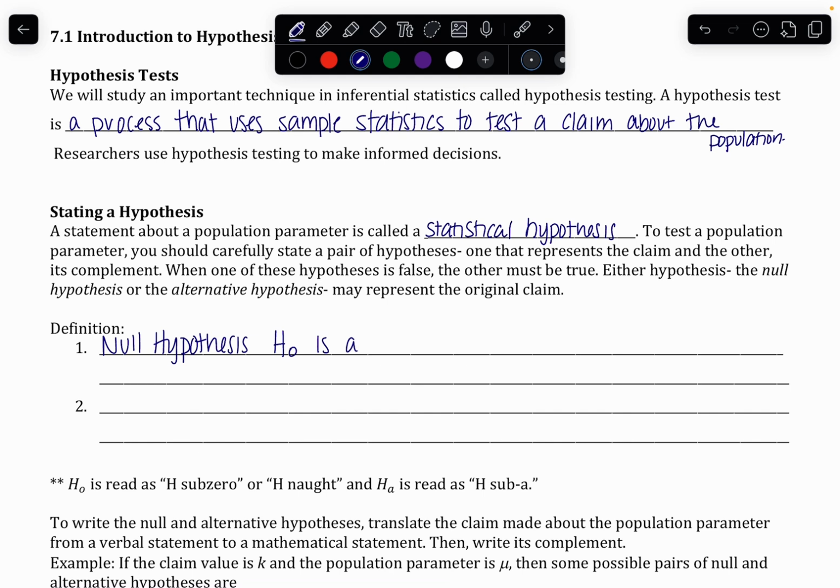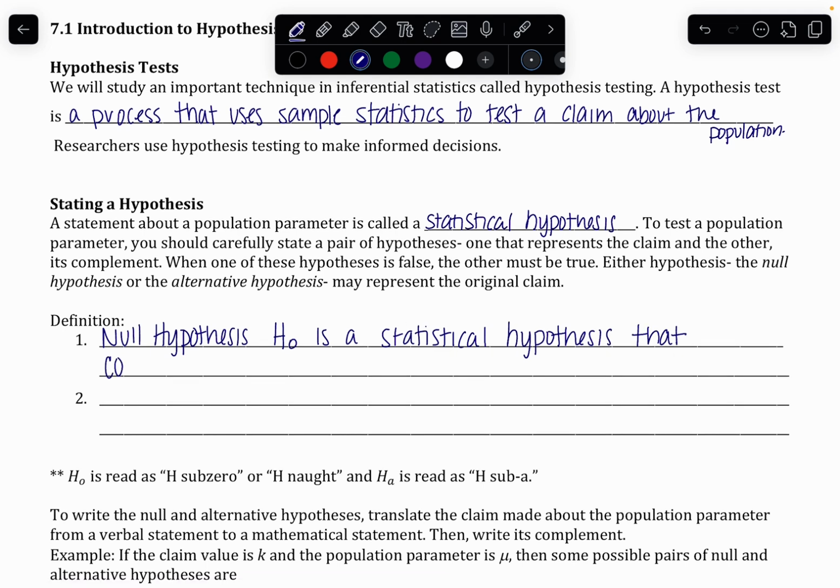It is a statistical hypothesis that contains a statement of equality. That statement of equality could be an equal sign, it could be greater than or equal to, or it can be less than or equal to.